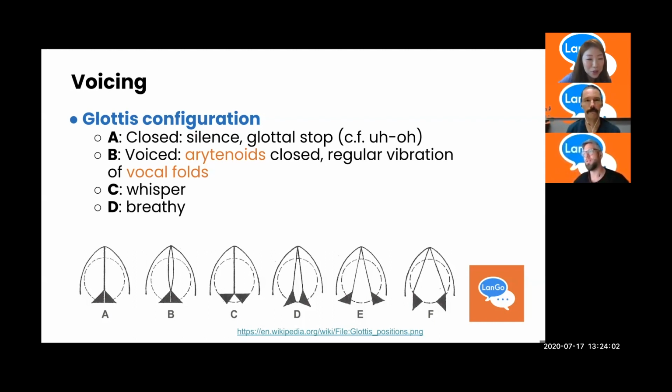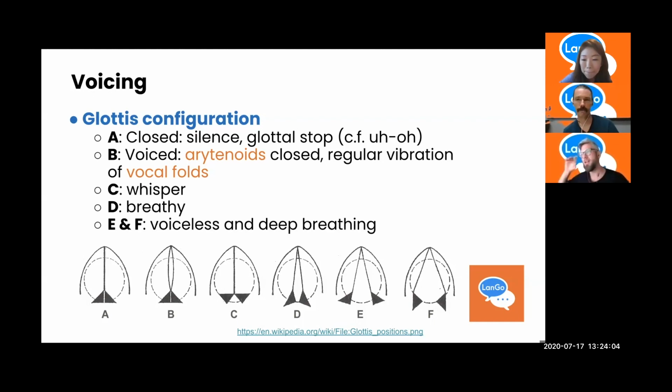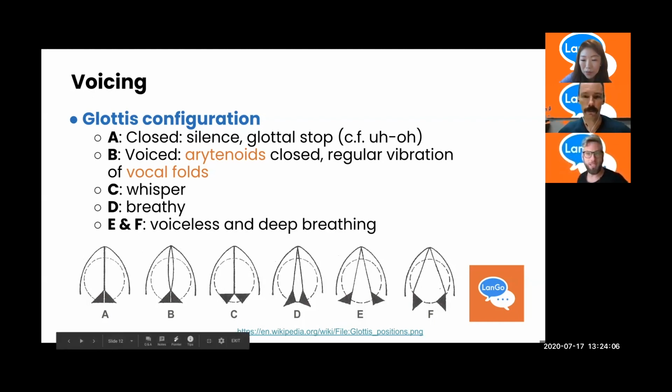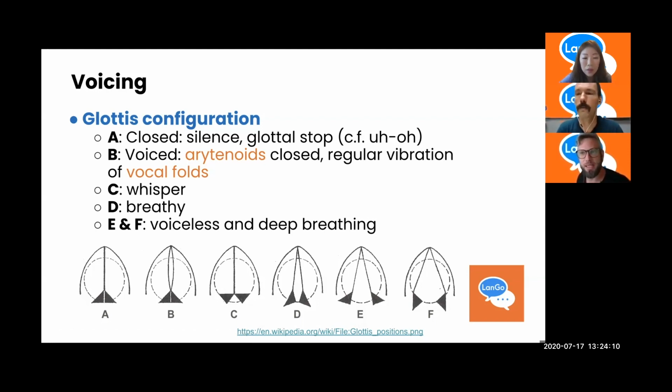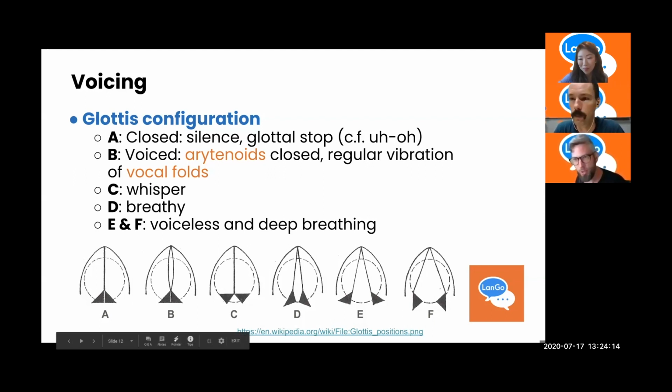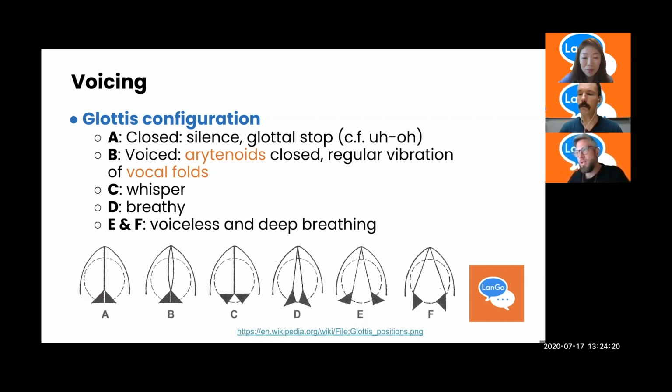Okay, so the last two we're looking at are E and F. E is voiceless. What you're doing when you're saying an S, for example, is E. And F is breathing. Of course, you must have those things open to breathe. So that is a crash course in glottal configuration. It can get a lot more fun than this.